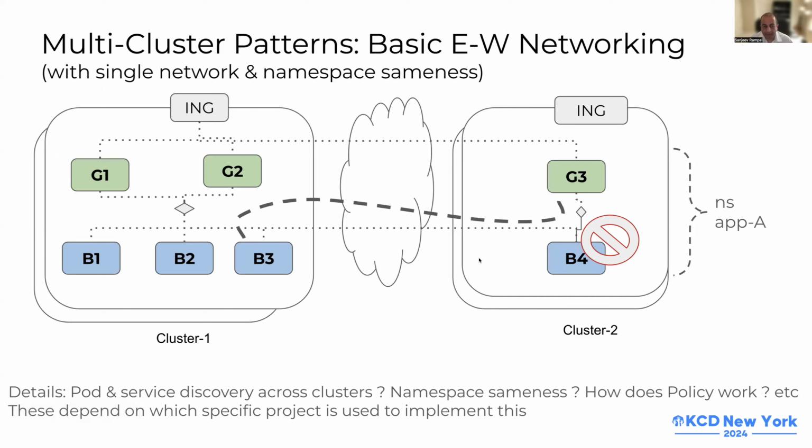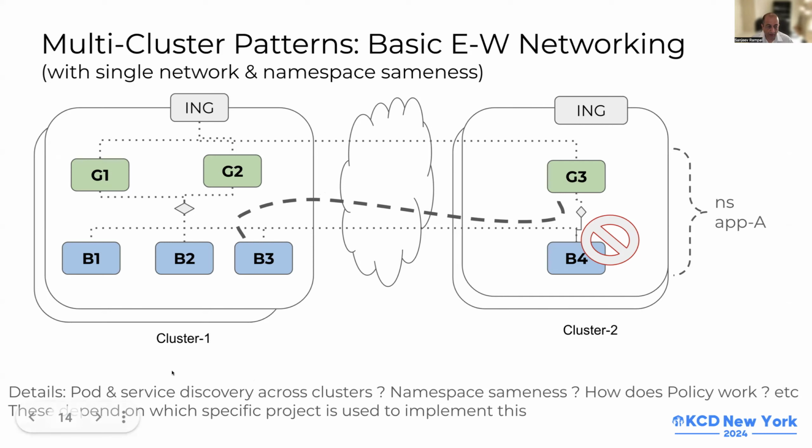And we also observe something called namespace sameness, which is that the instances of a particular service are always configured in a namespace with the same actual name string in all these clusters. You need that in order for things like Kubernetes RBAC and policy management to work correctly. So once you have those restrictions, or rather design configurations, this is a pattern you can use.